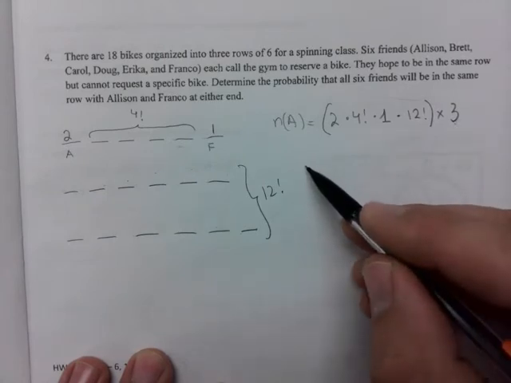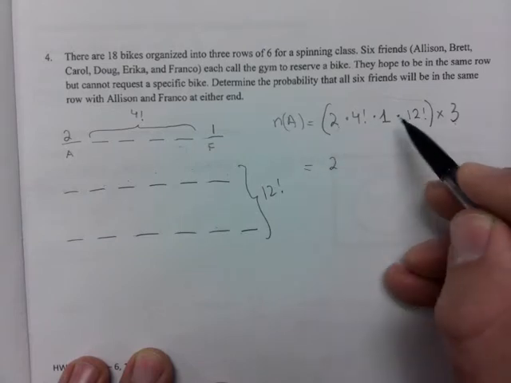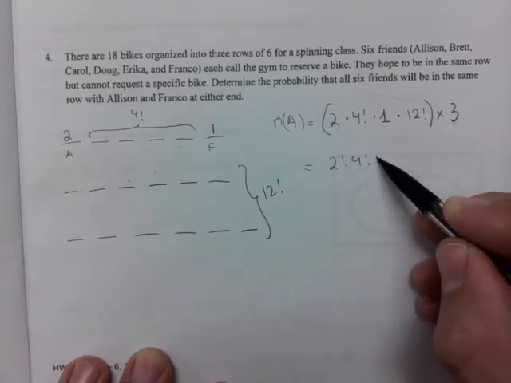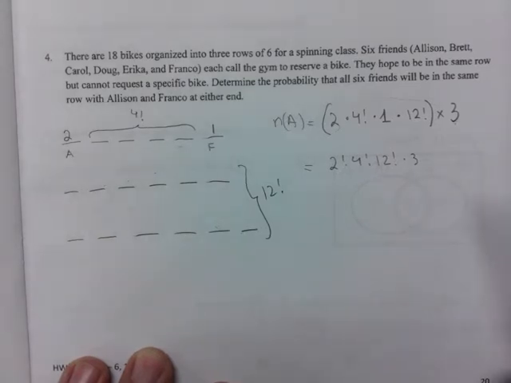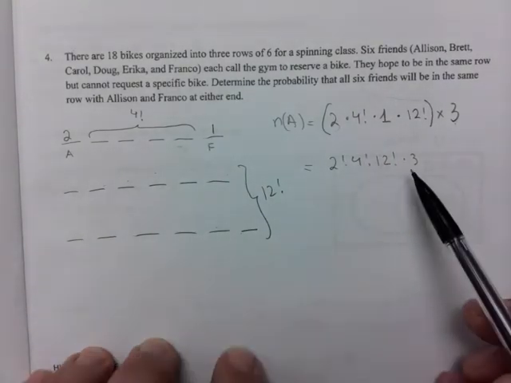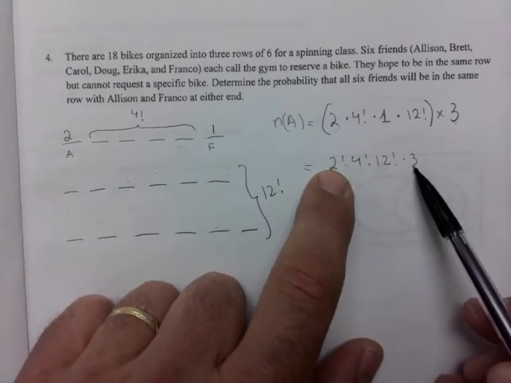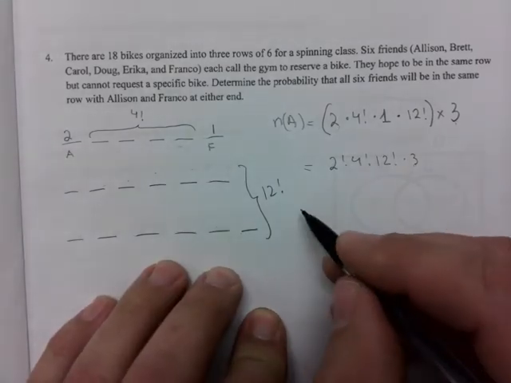And so as you will see in the key, it's best to just leave this one. So I will combine the 2 and the 1 as 2 factorial, 4 factorial, 12 factorial times 3. In fact, you could also make an argument if it's 3 times 2 factorial, these 2 could be just combined to just saying 3 factorial, but we're just going to leave that. So that's our NA.